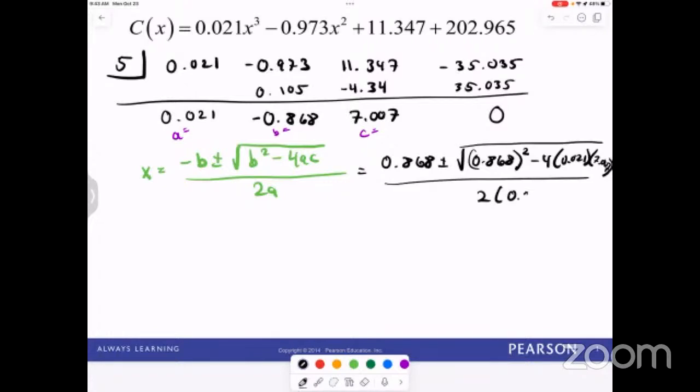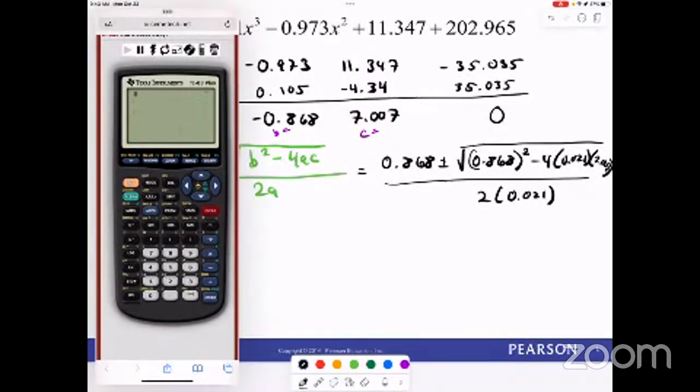Okay, let's try to crunch this number. So let's do the numerator. We got this 0.868. Let's do minus the square root of 0.868 squared minus 4 times 0.021 times 7.007.